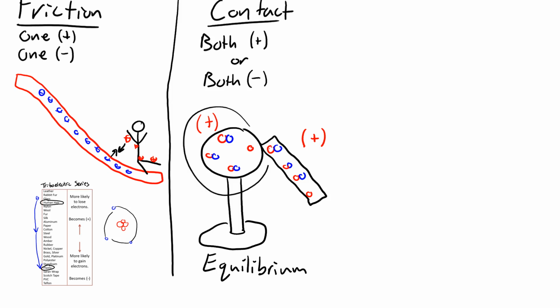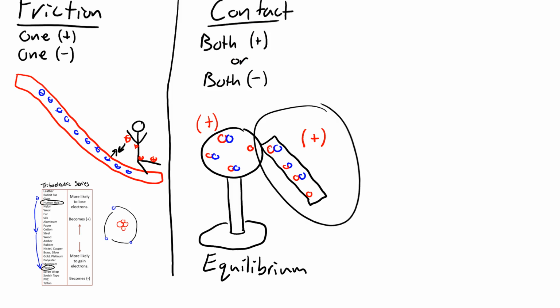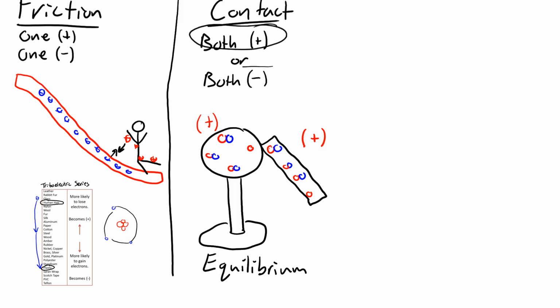And the metal sphere started out neutral, and now that's positive as well. So they both became positive. So either way, whether you're charging with a negatively charged object or, in this case, a positively charged object, if you're charging by contact, they're either both positive or both negative. They have the same charge. So this was same charge.